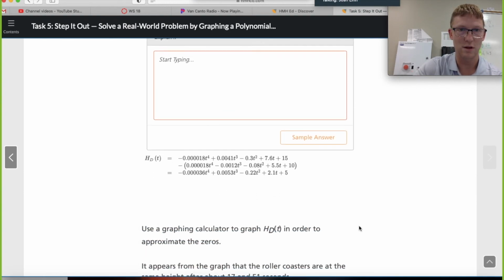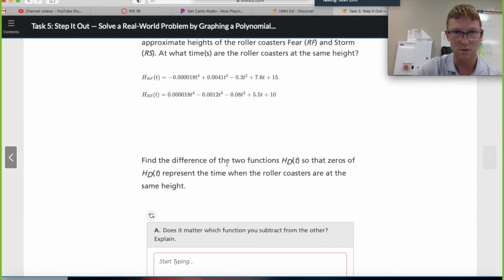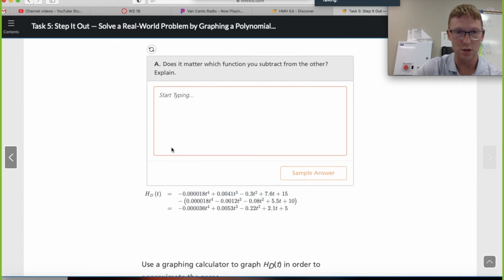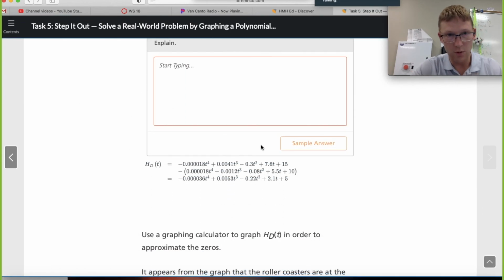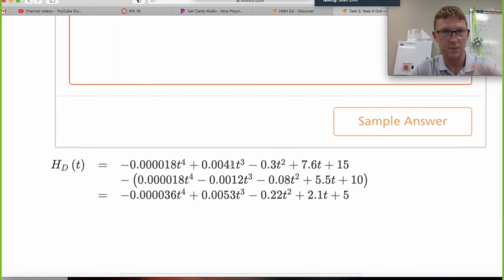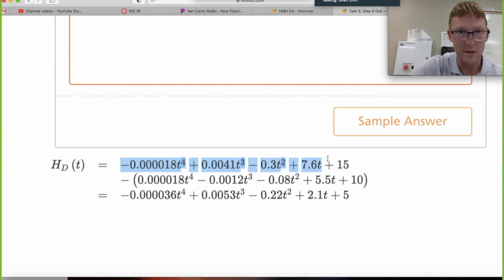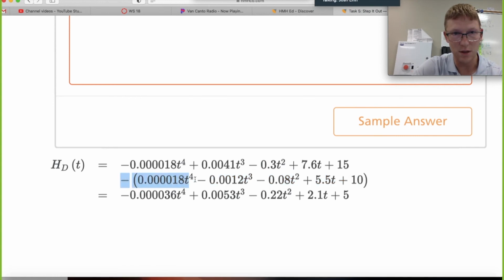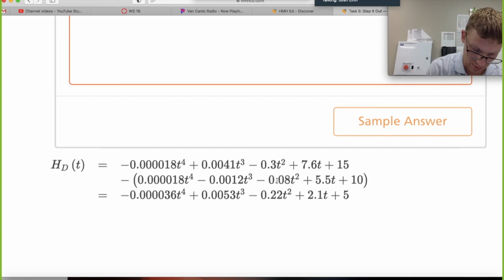And so let's see here. What is our h of d? Yeah, so h of d is their subtracted function. So here we have one of their functions, and I forgot which one. It doesn't matter. Minus the other function. And when you combine all those like terms, you have to make sure that you distribute the negative sign.